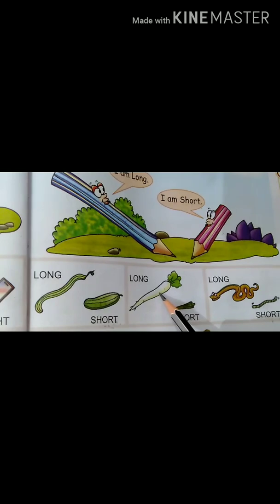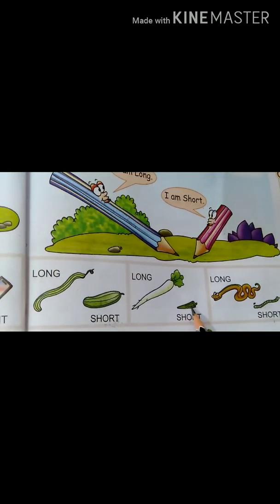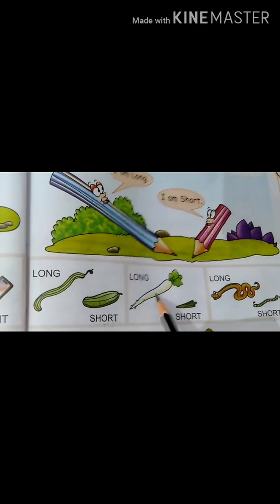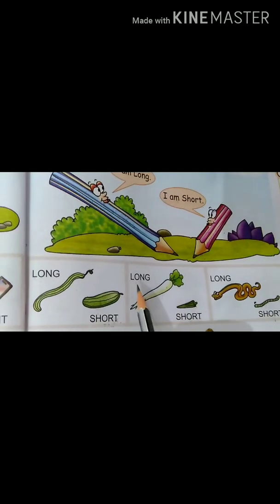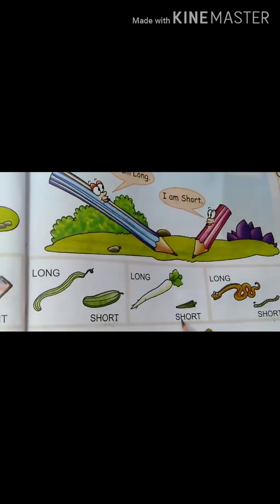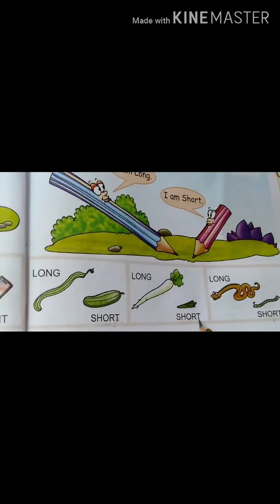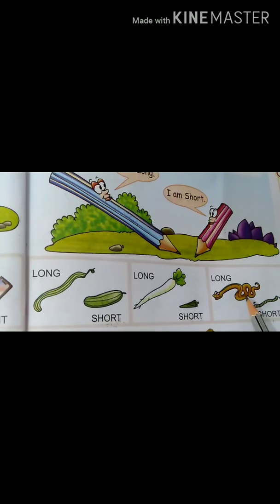What is this children? Yeah, this is a radish. And what is this? This is a lady's finger. Radish is long and lady's finger is short. L-O-N-G, long, S-H-O-R-T, short. What is this?